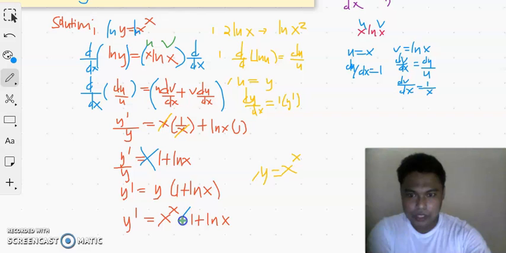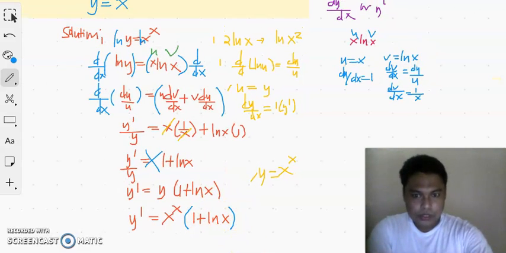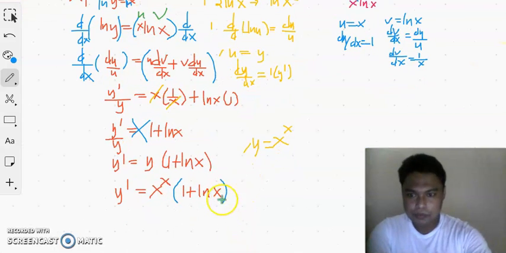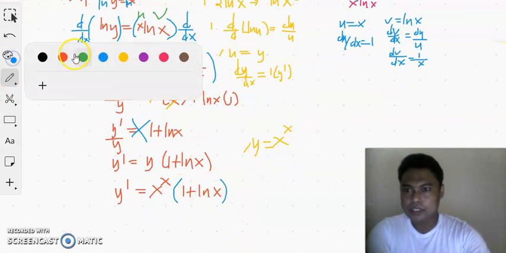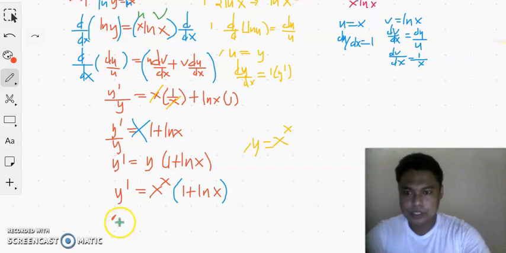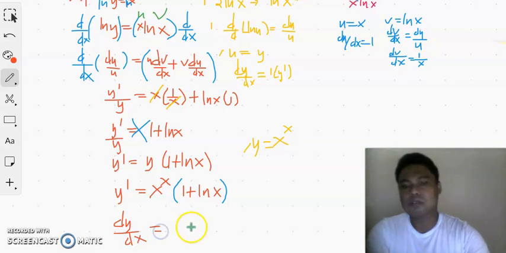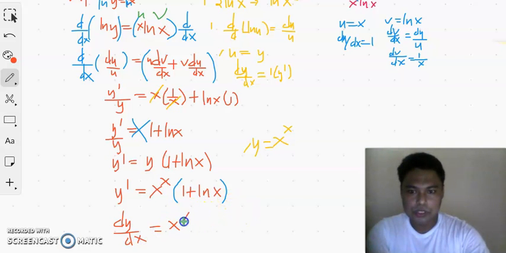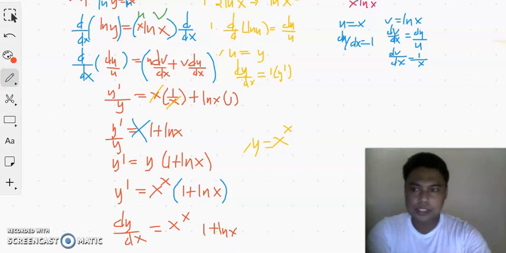Or we can have it as dy over dx equals x raised to x, times (1 plus ln x).